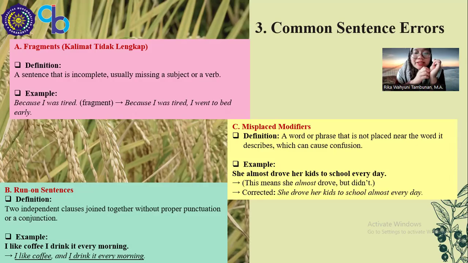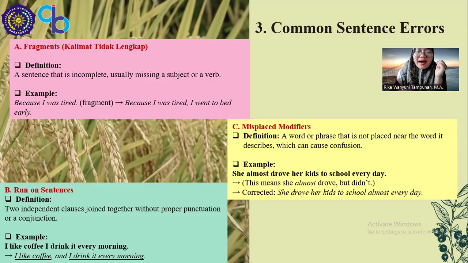Example: she almost drove her kids to school every day. That means she almost drove, but didn't. So we have to fix it. It becomes: she drove her kids to school almost every day. Now it means she drove them most days, not almost drove.